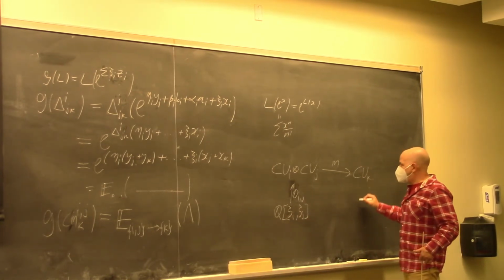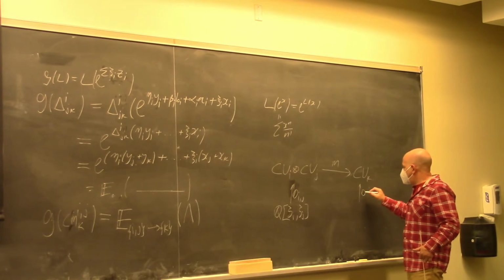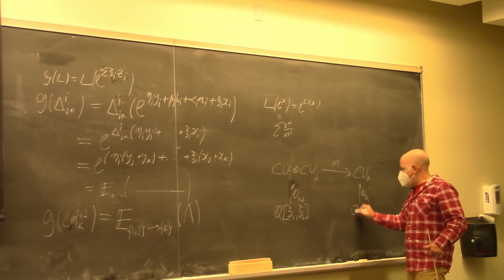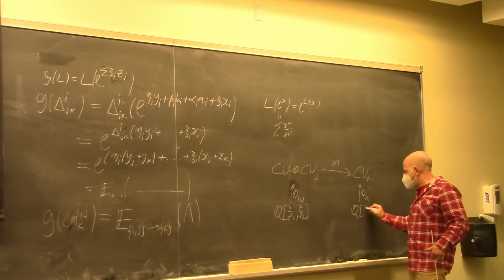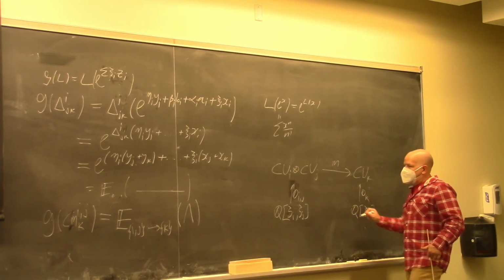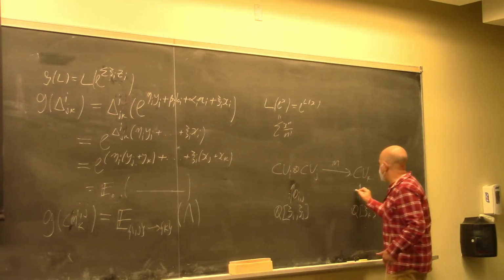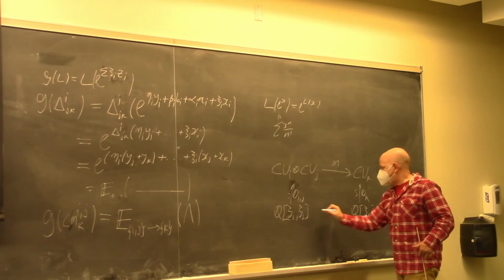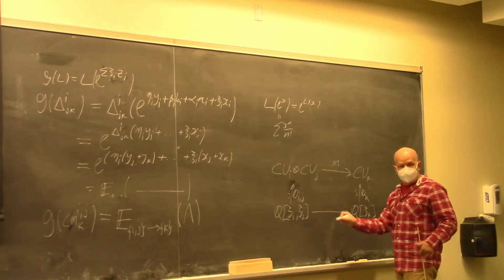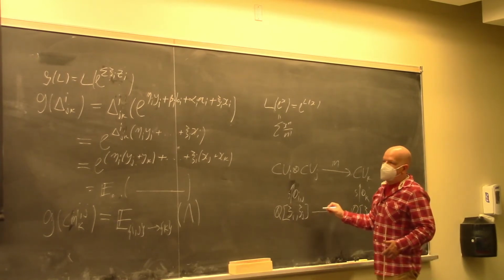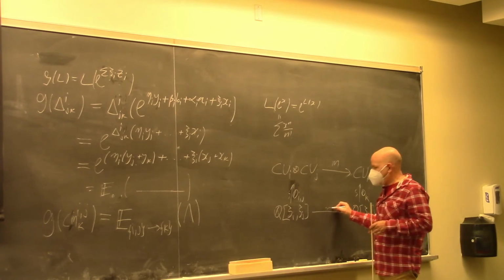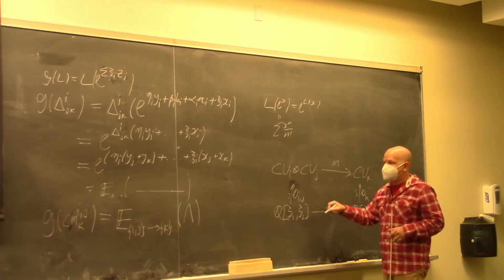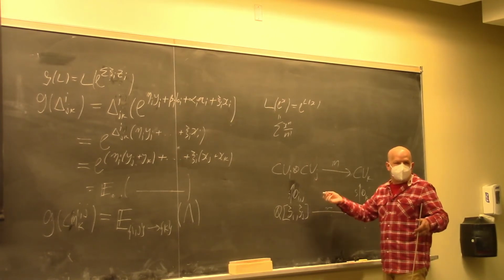And this is isomorphic via the ordering map in tensor factor k to the ring of polynomials in zeta k. These two are isomorphisms. So if you do this composition, you get a morphism here, and the generating function of this morphism is what I'm looking for.